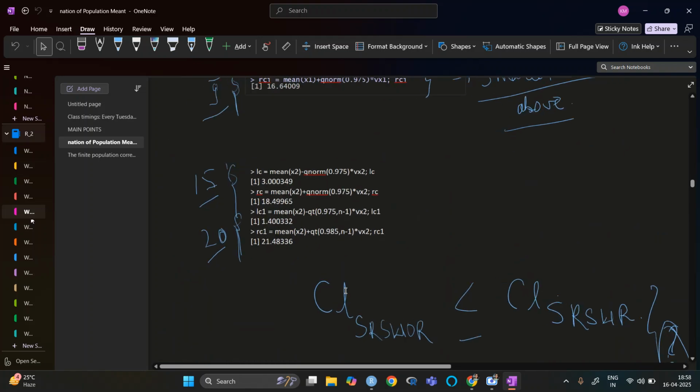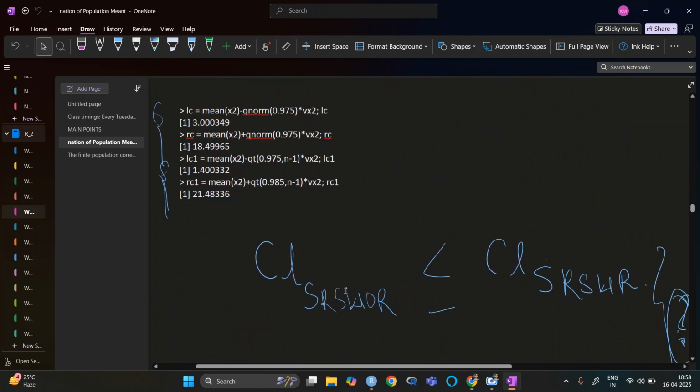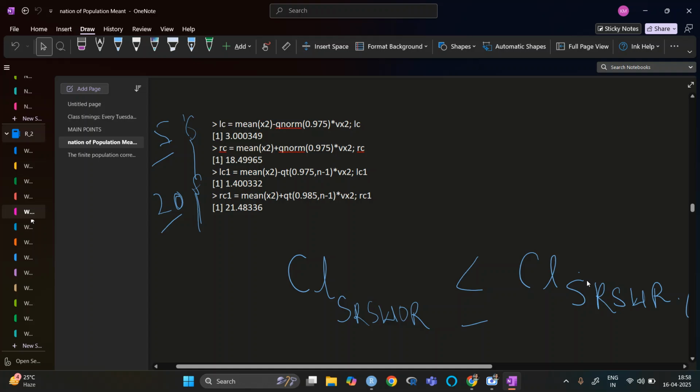Also, as I have already said, the variance in with replacement is higher and the variance in without replacement is lower. So the confidence interval is smaller in without replacement and larger in with replacement.